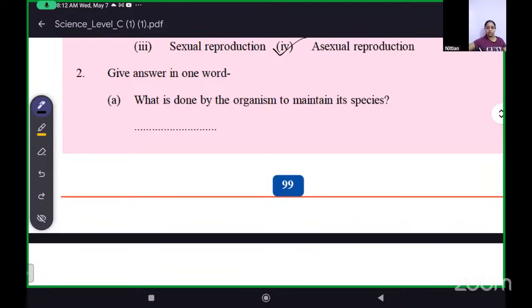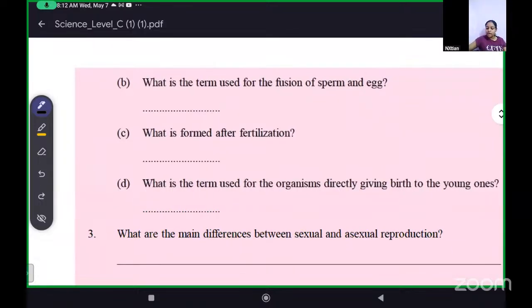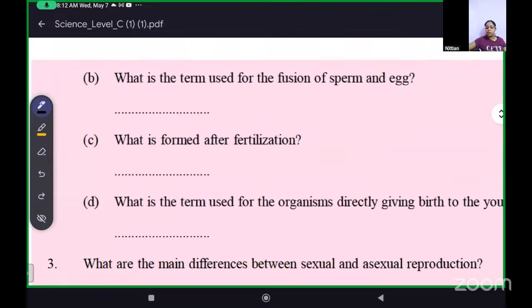Ma'am, reproduction, right? Yes, reproduction. Good. Next one for Abraham. What is the term used for the fusion of sperm and egg? Zygote. No, for the fusion, fertilization.